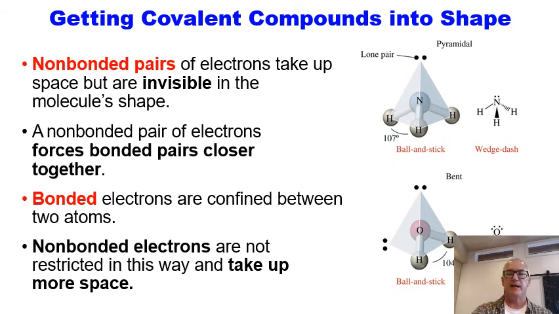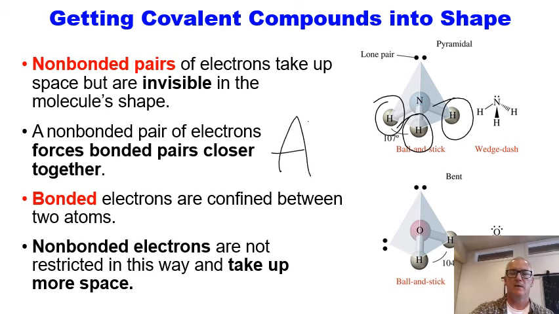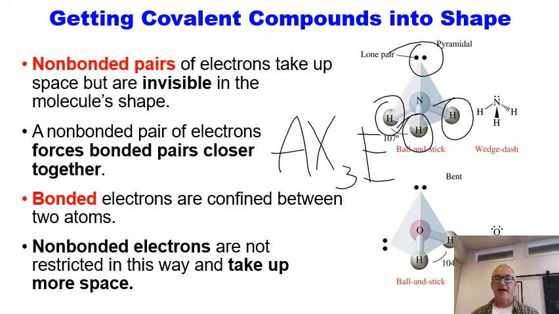So you see something like nitrogen, and nitrogen has 1, 2, 3 bonding regions. So it's AX3E with a lone pair. Now that gives you a pyramidal shape.